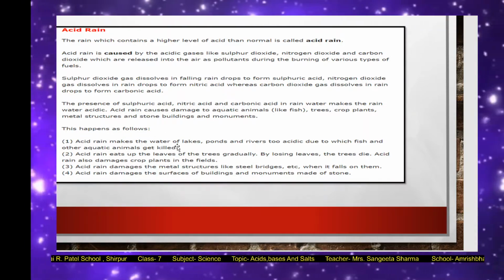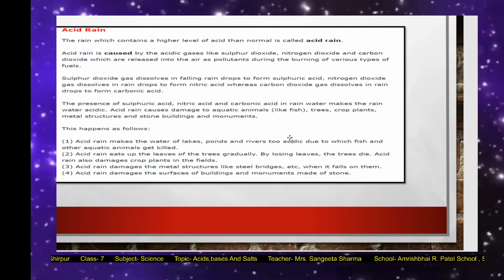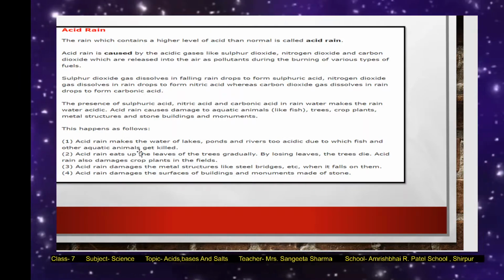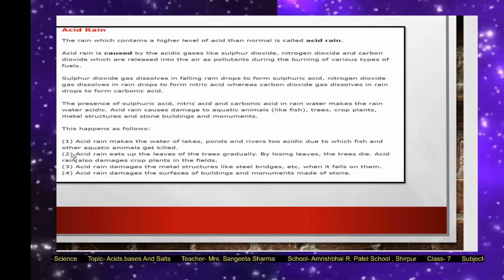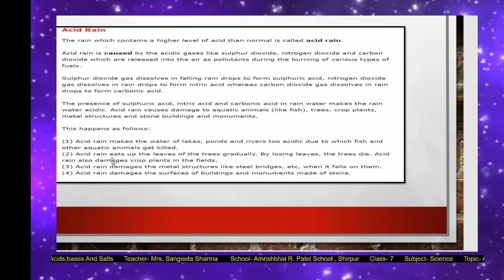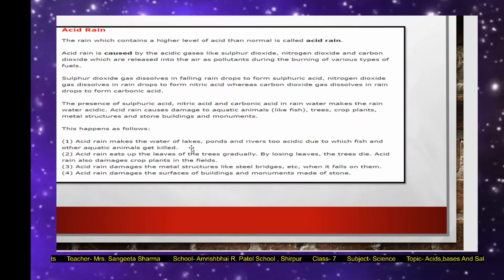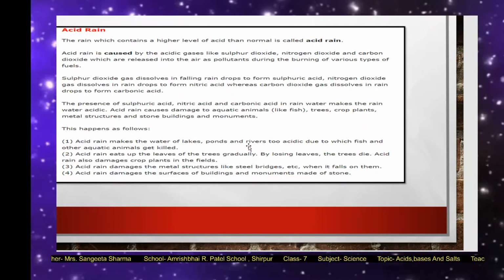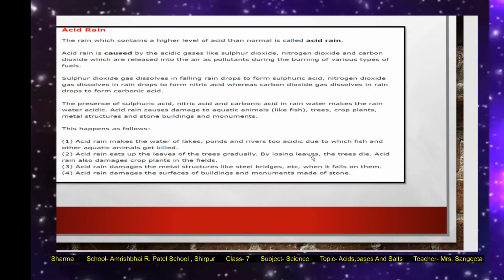Acid rain makes the water of lakes, ponds, and rivers too acidic, due to which fish and other aquatic animals get killed, because they cannot survive in that acidic medium. Acid rain also eats up the leaves of the trees gradually. By losing leaves, the trees die.